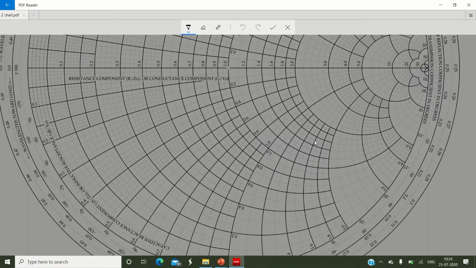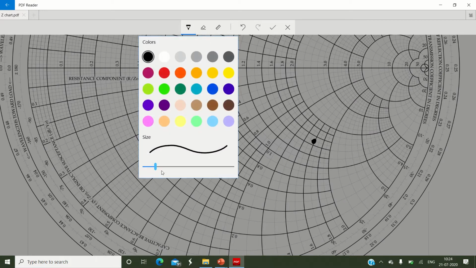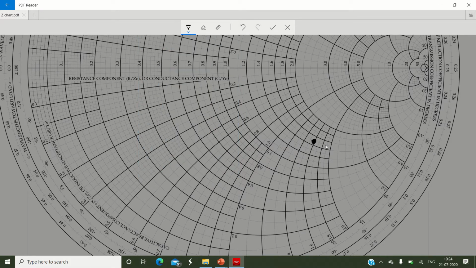So here I will put that dot. Okay, so what is this point? This point is now representing ZL bar value. So I will write here ZL bar, which is representing the normalized load impedance value.